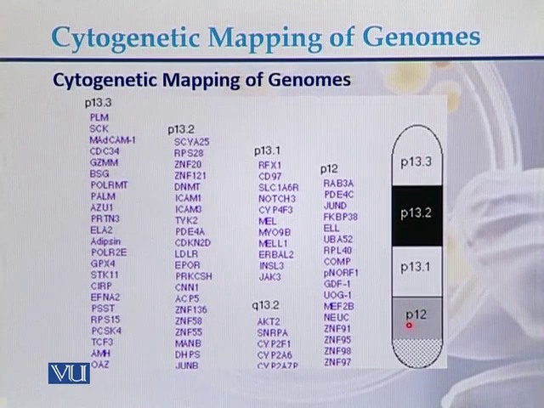In region P12, all these genes are located in this region. In region P13.1, all these genes are located in this region. And the same is true for P13.2 and P13.3. So a cytogenetic map is a map in which we can see the stained chromosomes under the microscope.